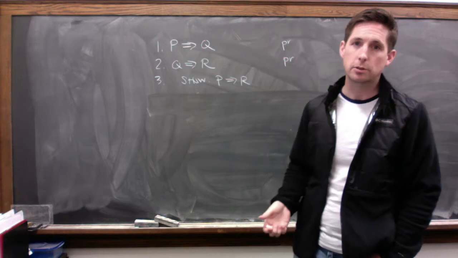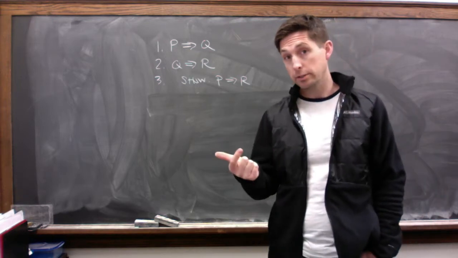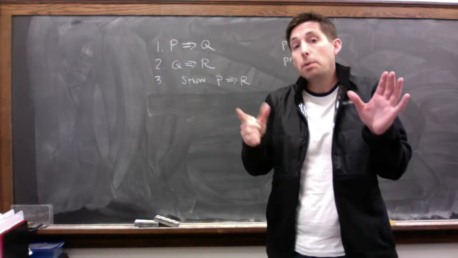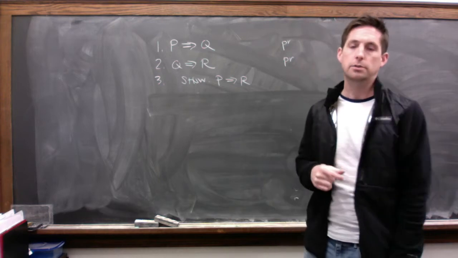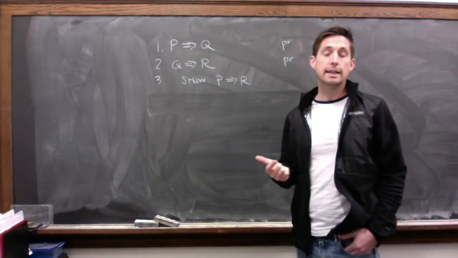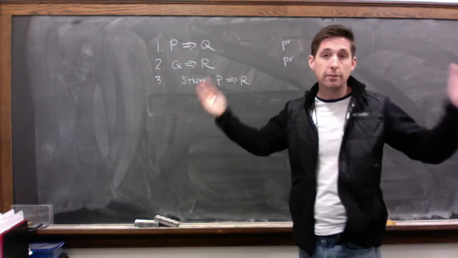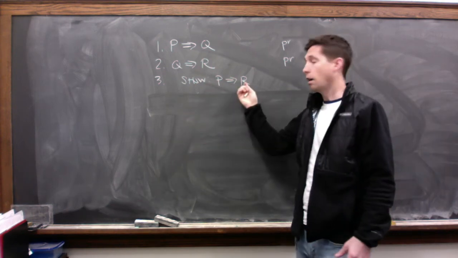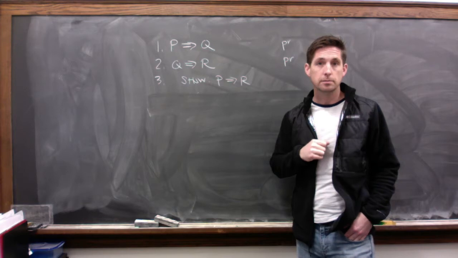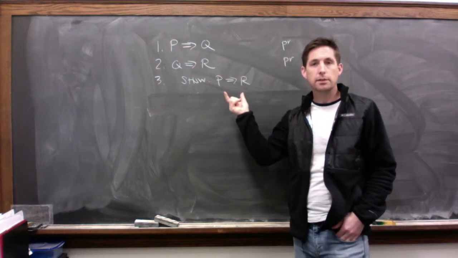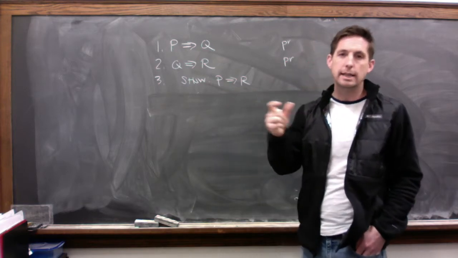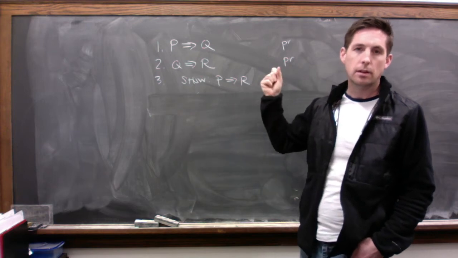Here's another way to put that. We're trying to show, supposing P is true, we're not saying it is, we're saying supposing P is true, R is true. Here's another way of saying that same thing. On the assumption that P is true, assuming for the sake of argument that P is true, R would also be true. And it's that last way of thinking about this conclusion that's going to really sort of help us see how we go about doing this.